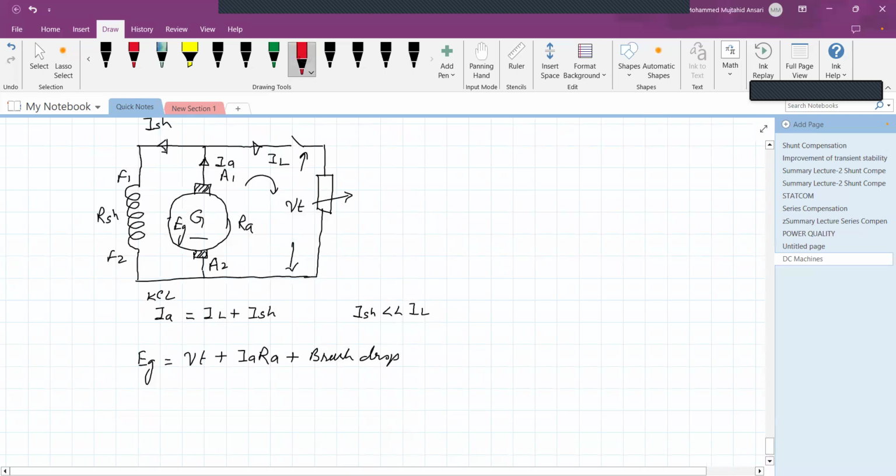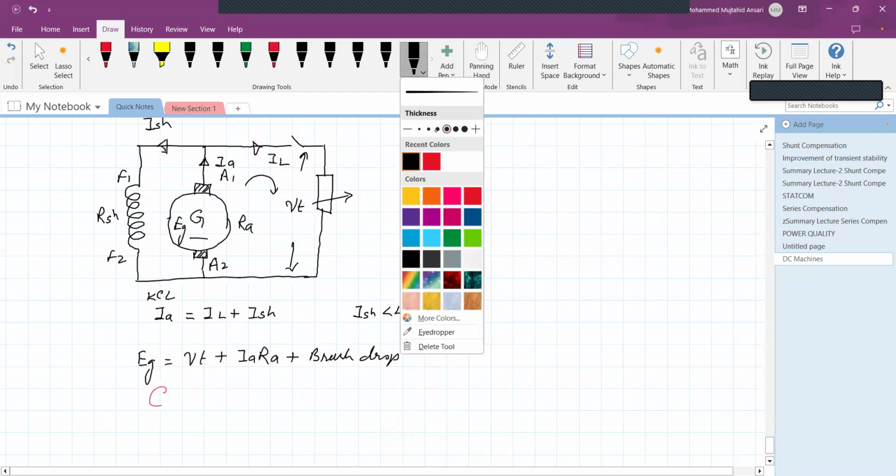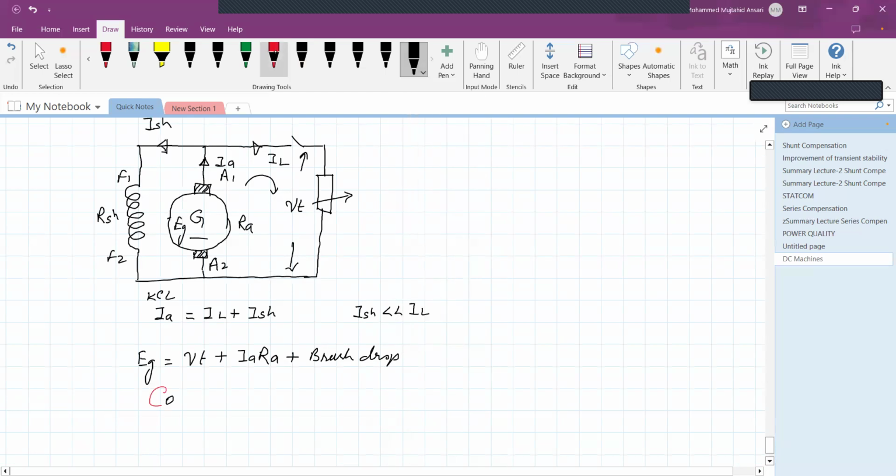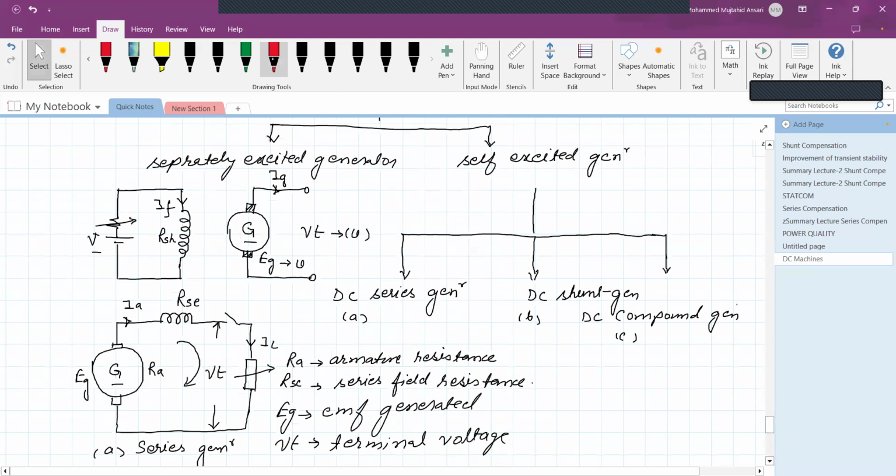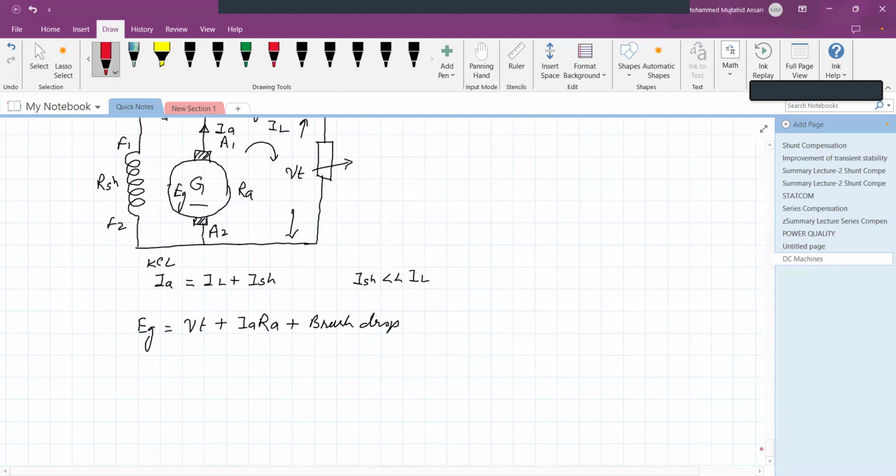In the compound generator, there are two categories.